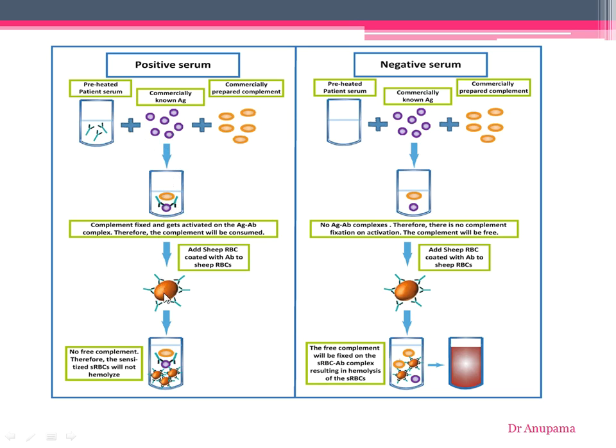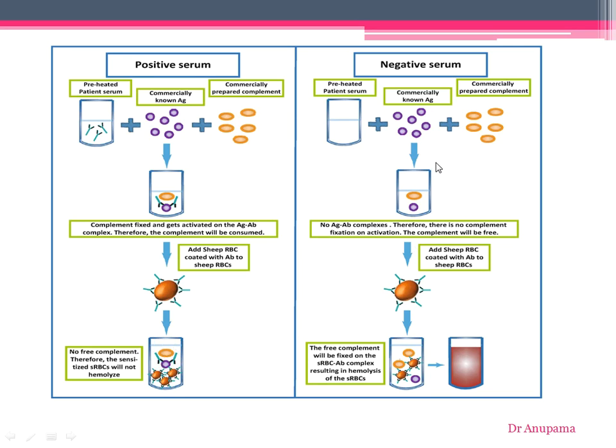Now when you add the indicator system, that is sheep RBC plus antibodies of sheep RBC, they agglutinate. But since complement is already consumed, there is no lysis of RBC taking place. No hemolysis, no red color in the tubes, indicating that yes, the person is positive. The person has antibodies against the antigen.